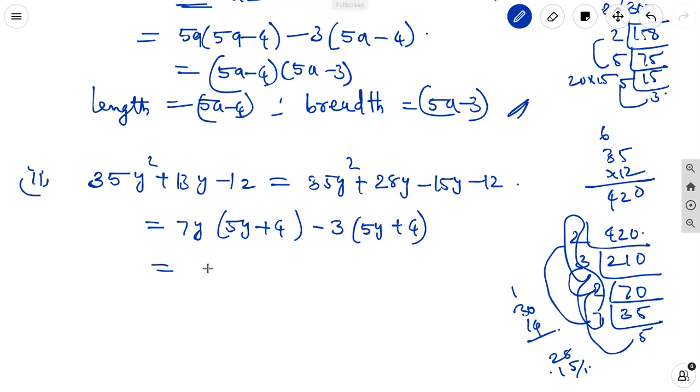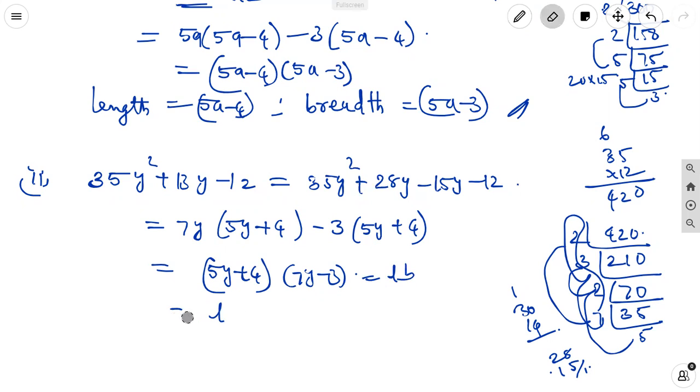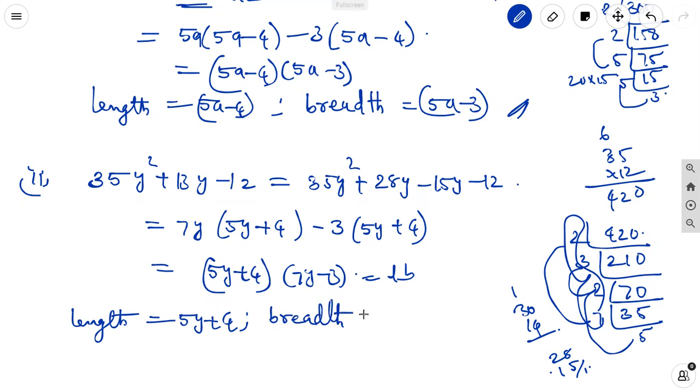So it is equal to 5y plus 4 into 7y minus 3. It is equal to length and breadth. So length is equal to 5y plus 4, breadth equal to 7y minus 3. It is the solution.